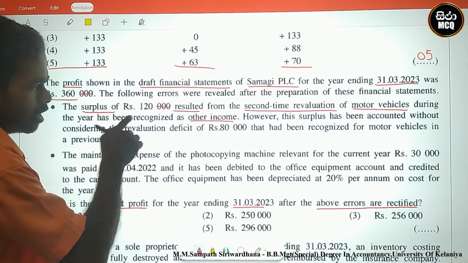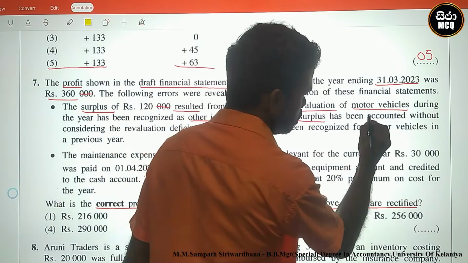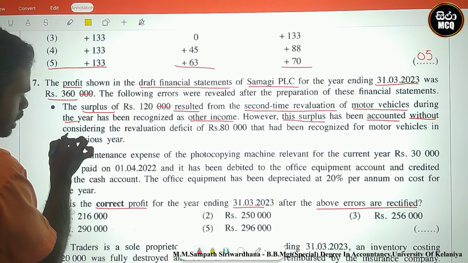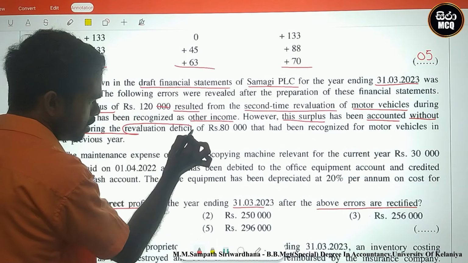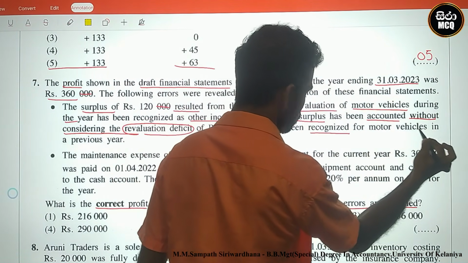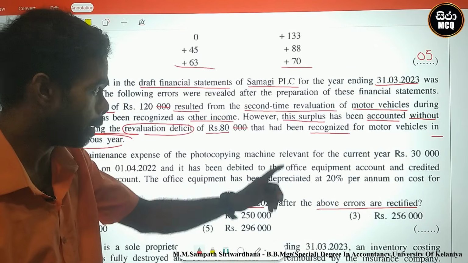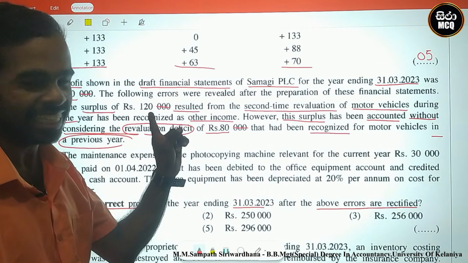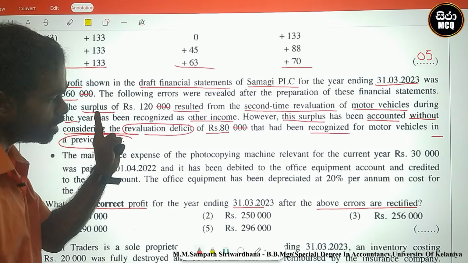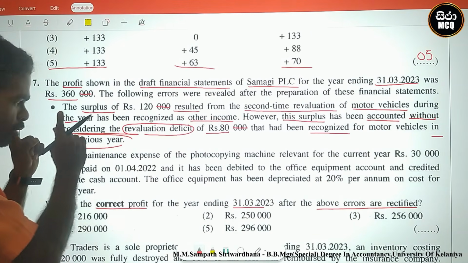Okay, next one. However, this surplus, this 120, has been accounted without considering the revaluation deficit of 80,000 that had been recognized for the motor vehicles in the previous year.